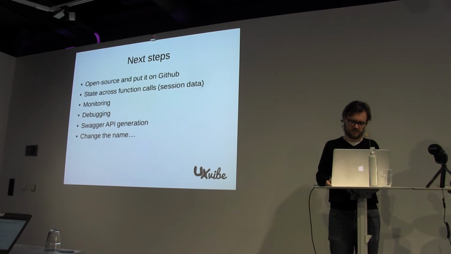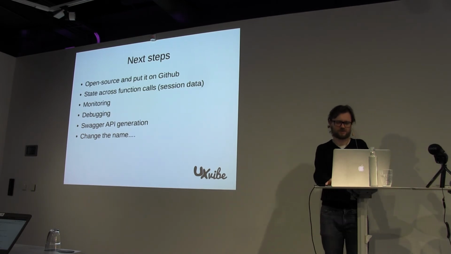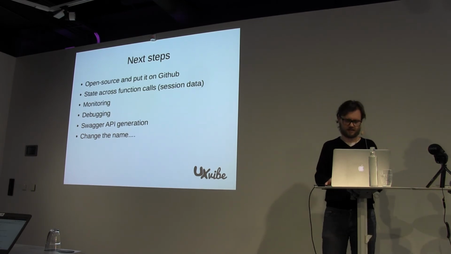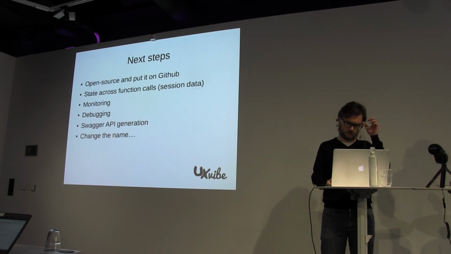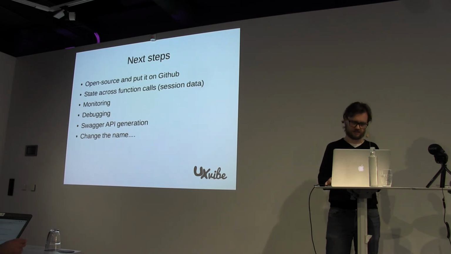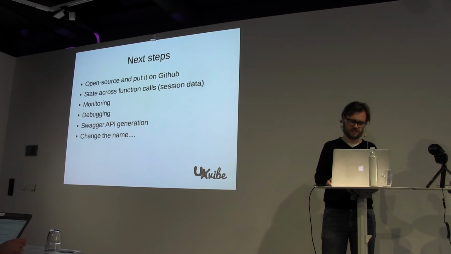So the next steps: this is still a prototype for us. We don't run it in production today. We want to do that so we can speed up the future iterations. We need to clean up the code a bit, and then we will open source it, put it on GitHub.